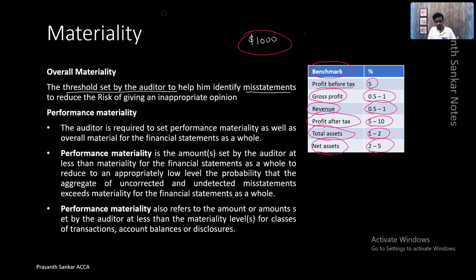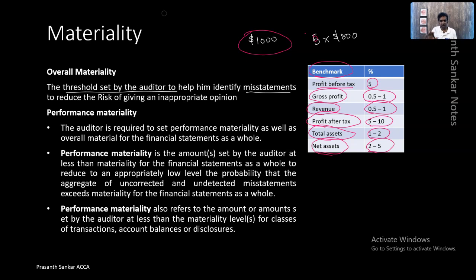What if there are 5 mistakes, 5 mistakes of $800 each? The auditor will not investigate those transactions. Why? Because each transaction consisted of only $800. The materiality is $1,000, and any transaction below this, we will not investigate.